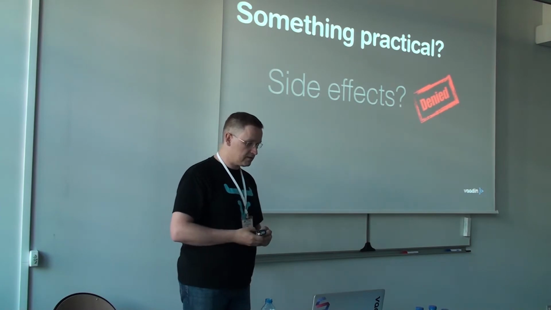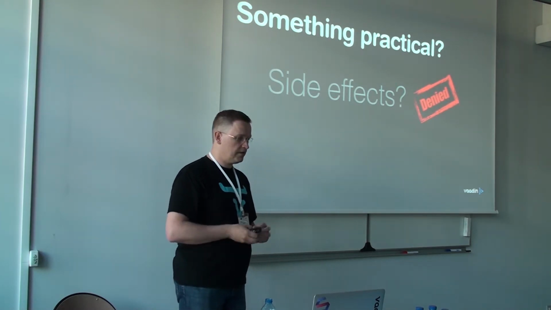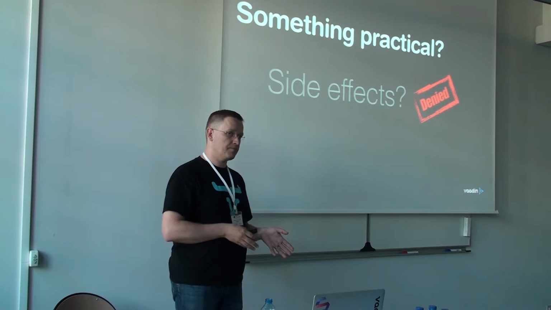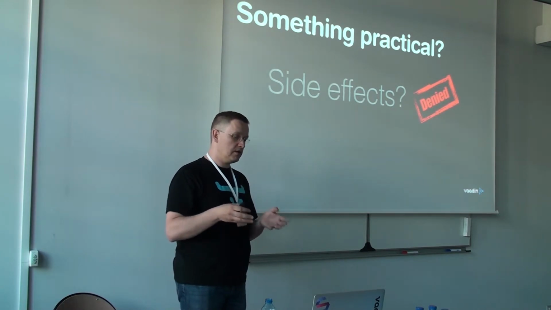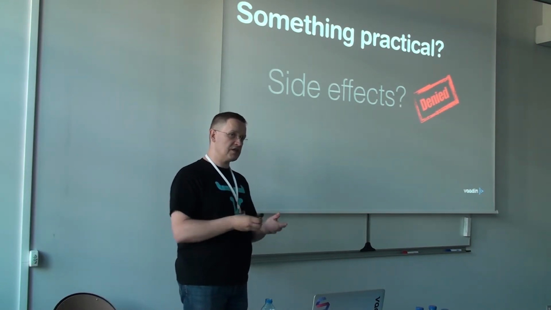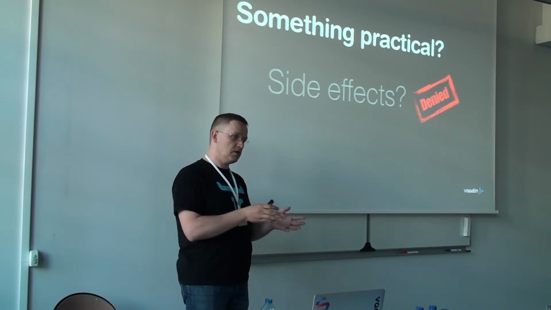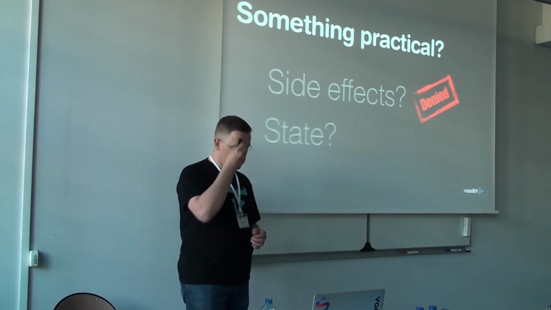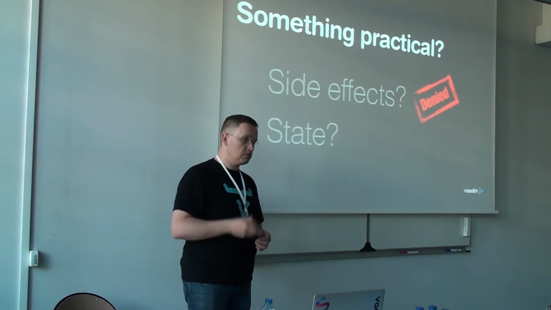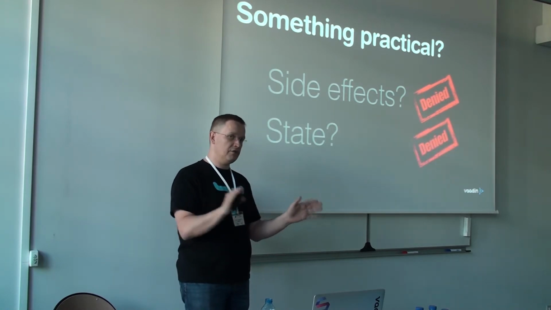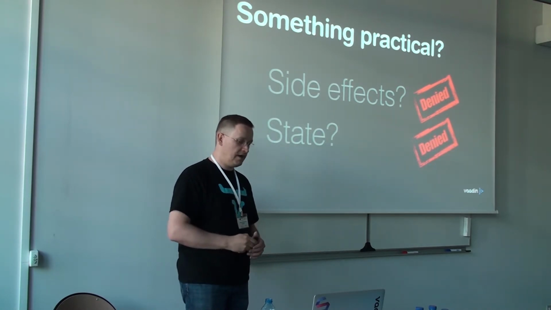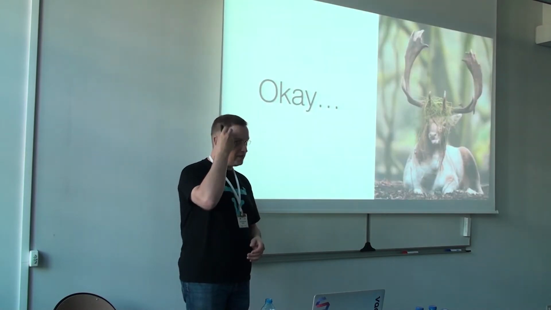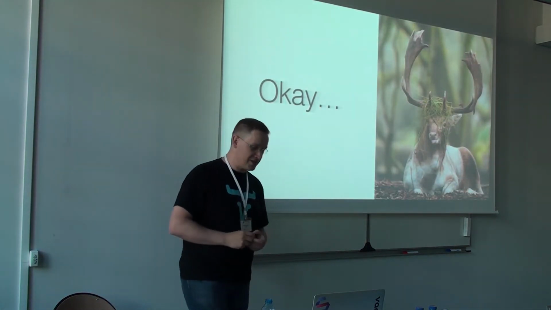But then I was thinking, if side effects are bad and an application is about modifying some state, how do I actually manage my state? Turns out that it's bad, don't do state. And this was me after a couple of Googling sessions.